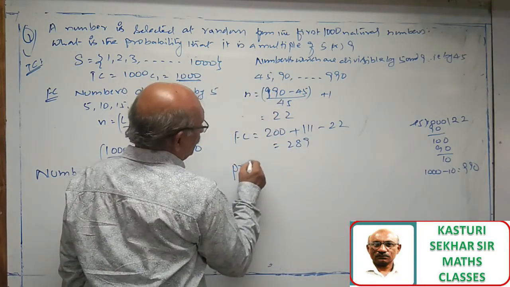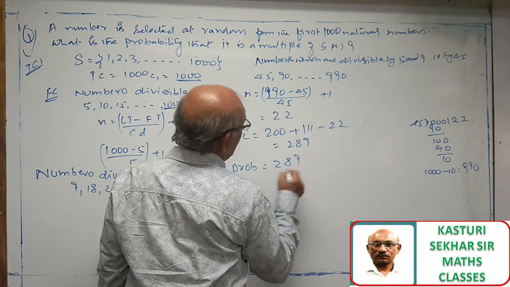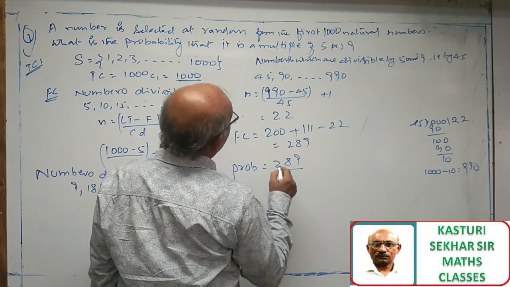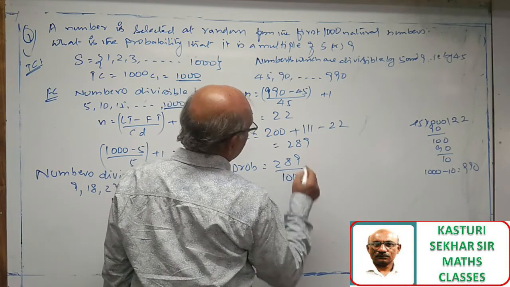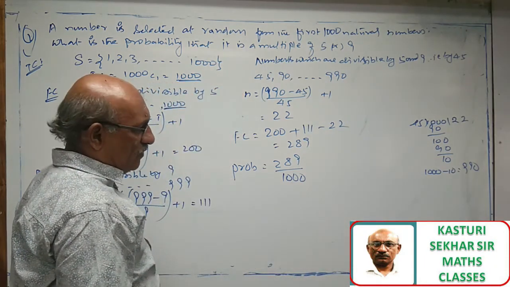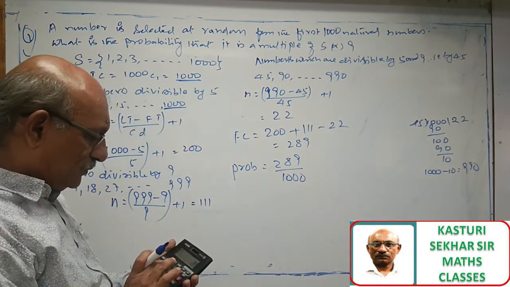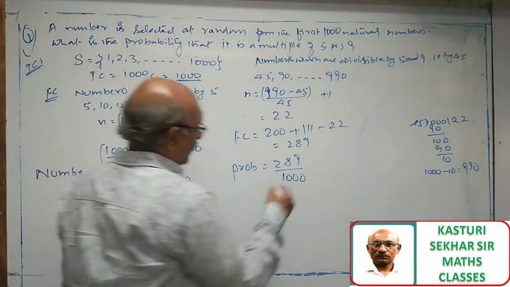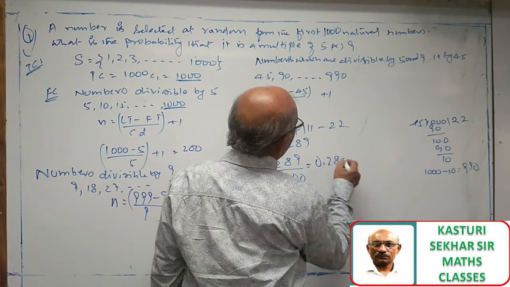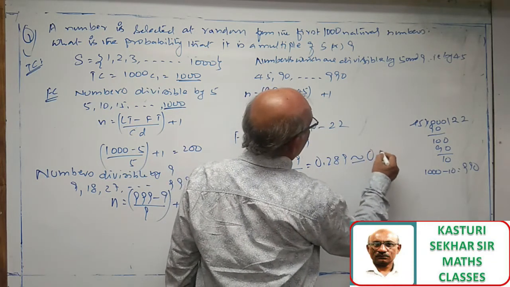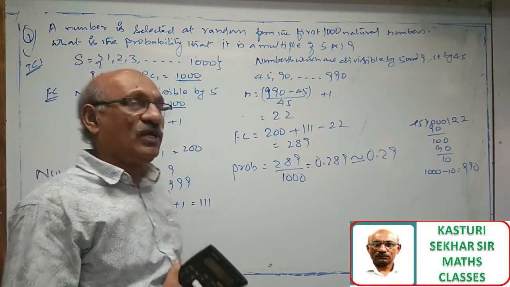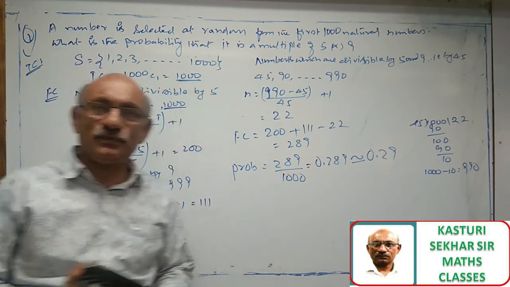So probability is equal to 289 divided by total number of cases, 1000. 289 divided by 1000 is equal to 0.289, approximated to 0.29 also.